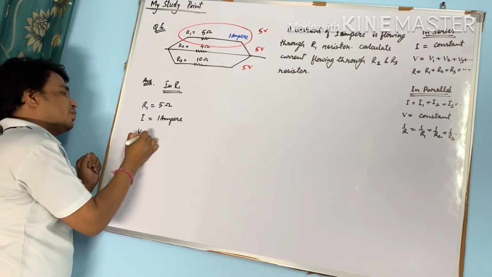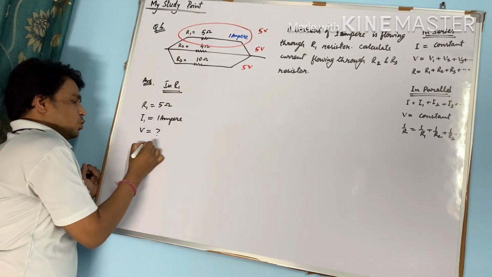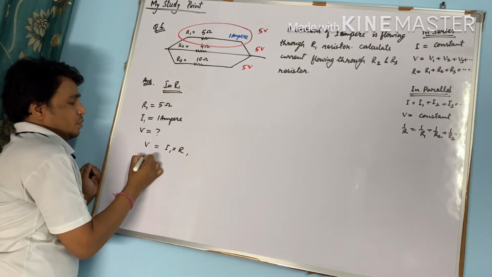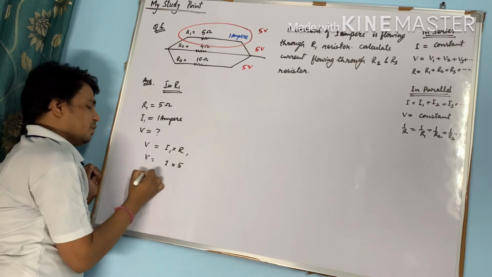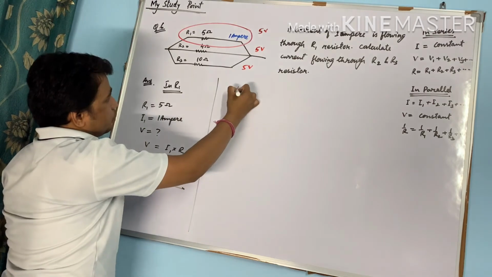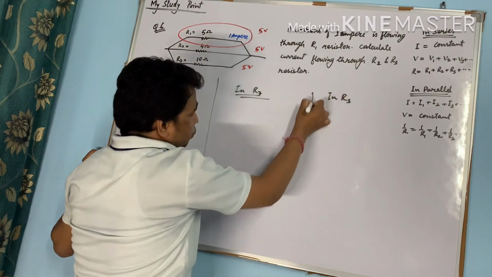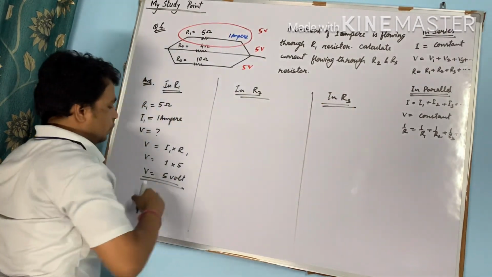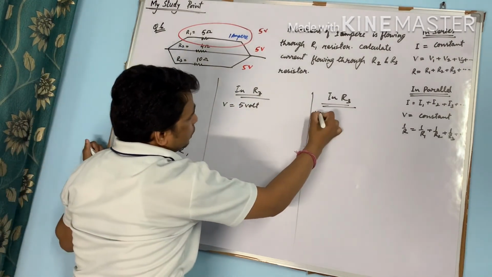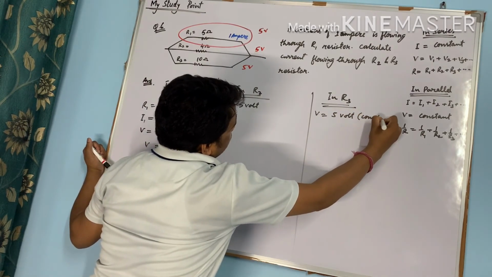Use Ohm's law, V is equal to I into R, that is V is equal to 1 into 5. 5 volt is the potential difference in R1. Therefore, voltage is constant in all of the three, so 5 volt in R2 and voltage is also 5 volt in R3. Constant in parallel.